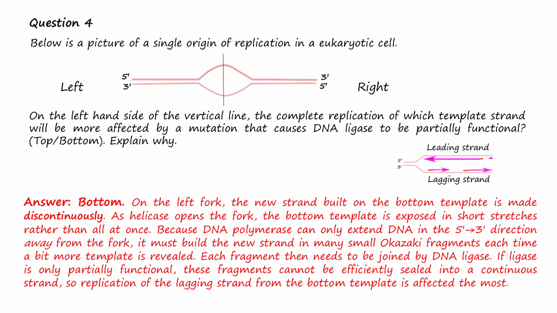Each fragment then needs to be joined by DNA ligase. If ligase is only partially functional, these fragments cannot be efficiently sealed into a continuous strand, so replication of the lagging strand from the bottom template is most affected.